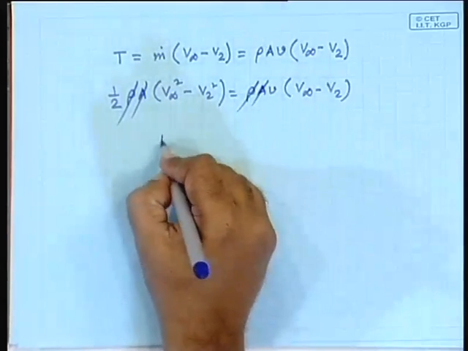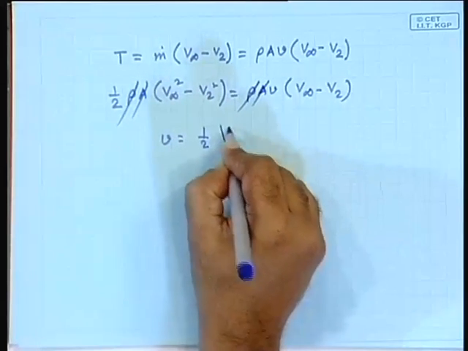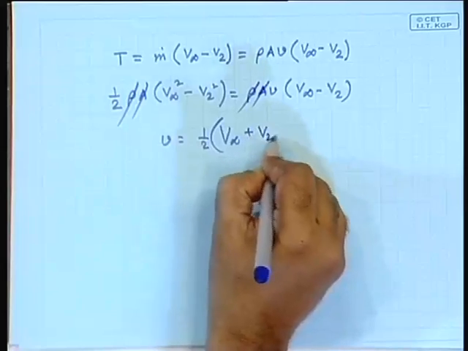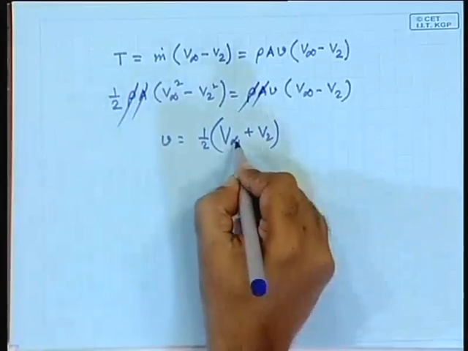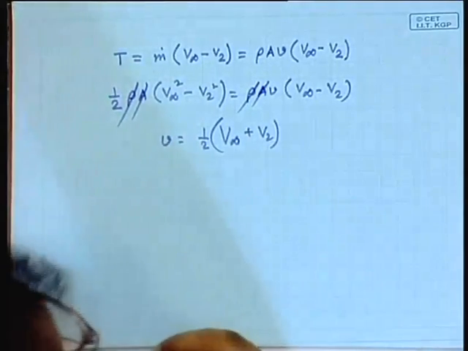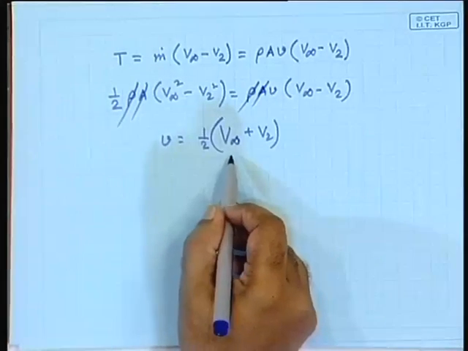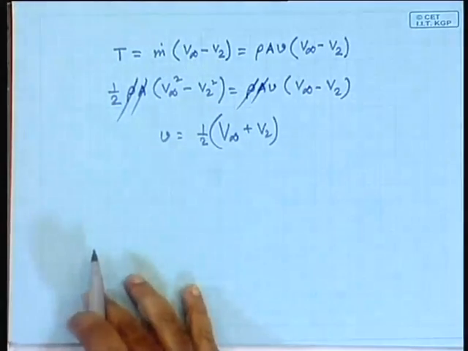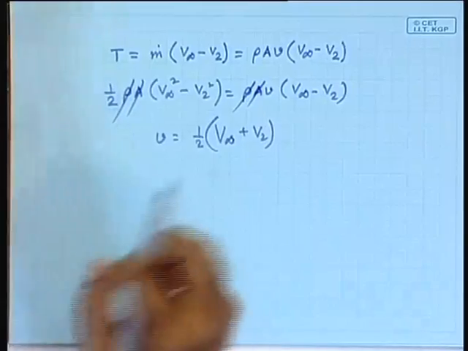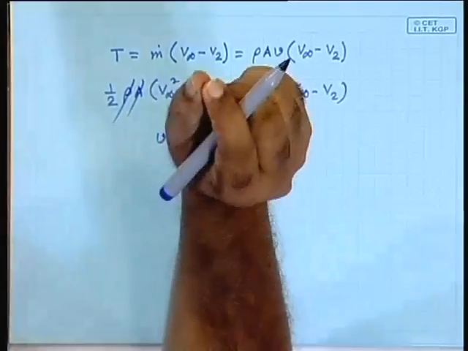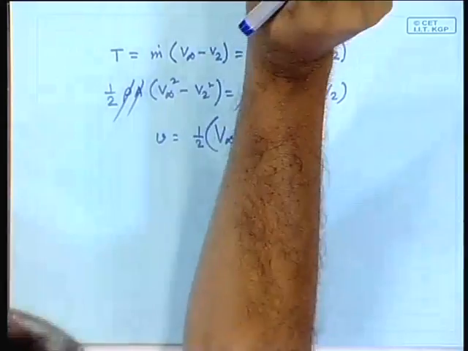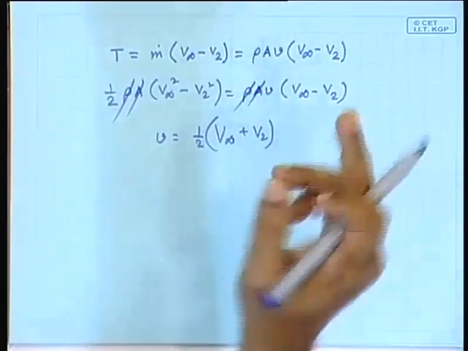So, what do you get? This was not evident right in the beginning. We have obtained something additional: the velocity when it passes through the wind turbine should be the average of the velocity at infinite distance before and at infinite distance after. This is a somewhat strong result we have obtained. Good, we will use this.